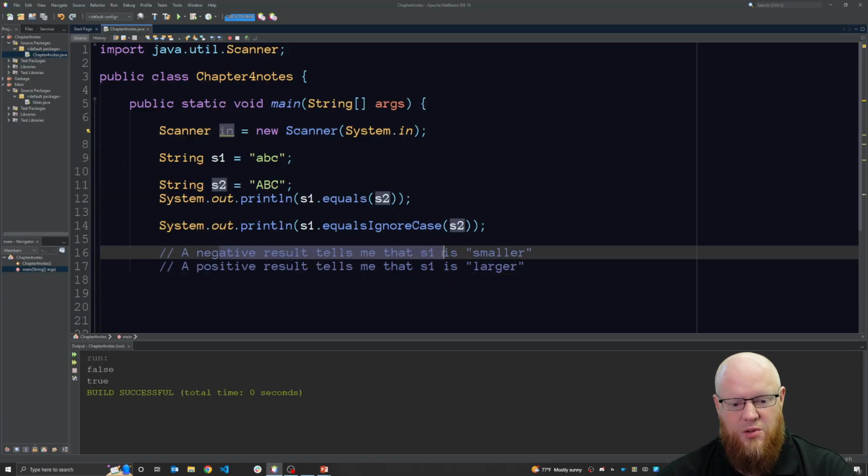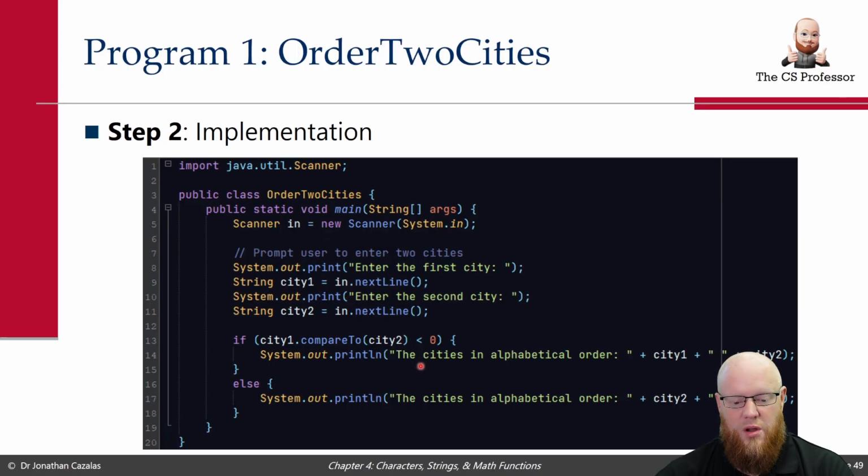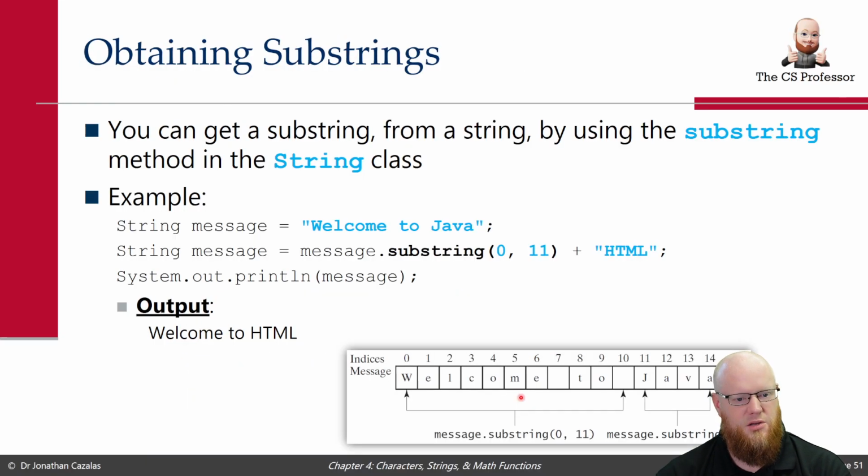A negative result tells us that s1 is smaller. Then we're going to print the cities in alphabetical order are city1, city2. Else, the cities in alphabetical order are city2, city1. It's not an exciting program, but it allows you to see how compareTo works in Java.